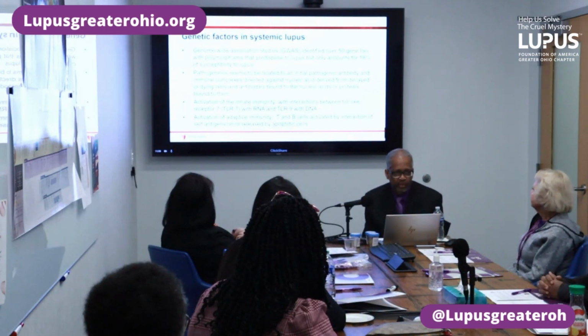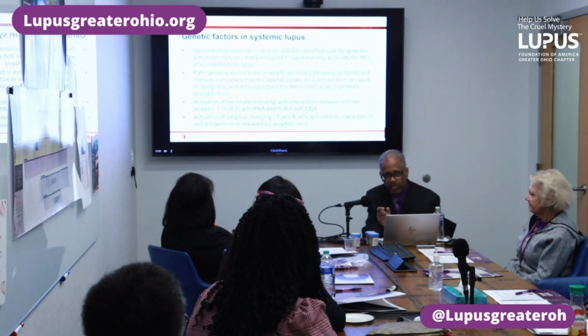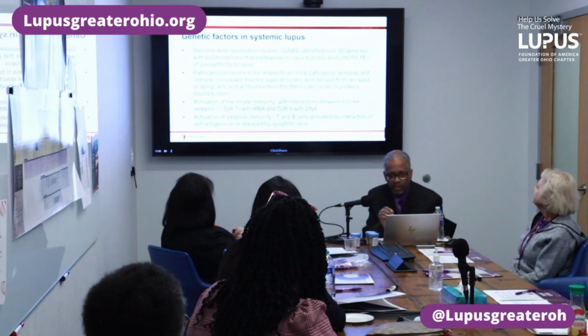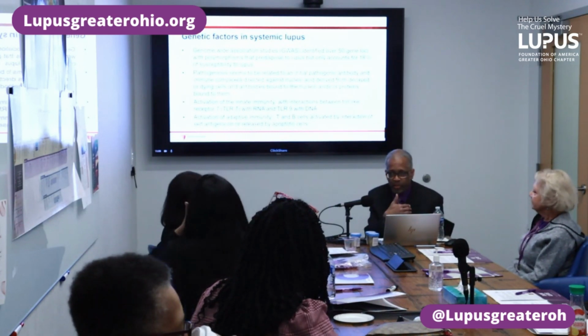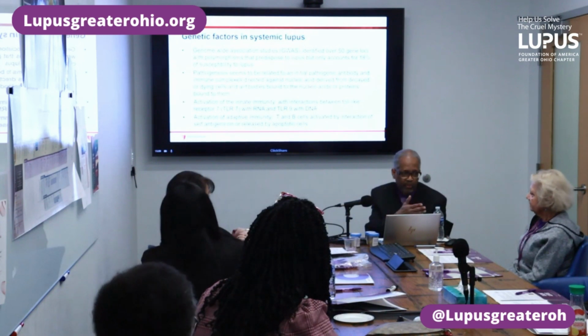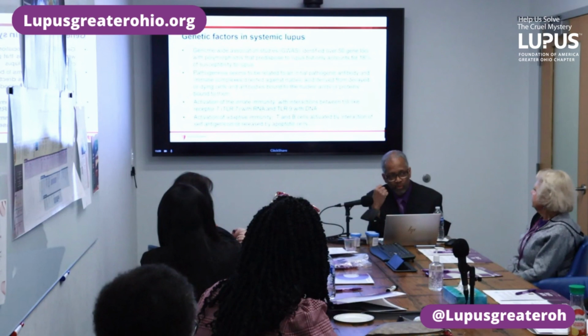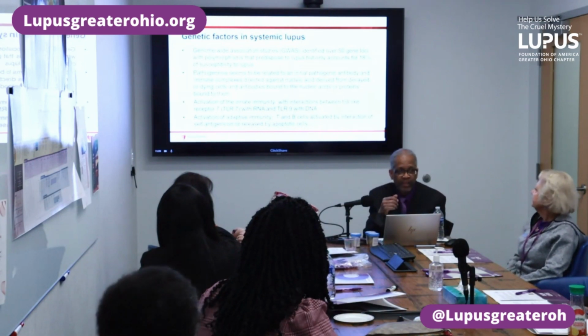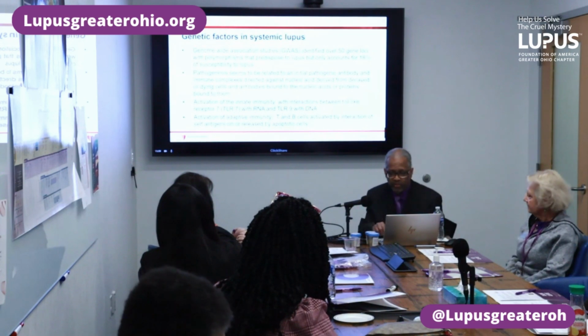So your body may have been exposed to RNA type viruses, or DNA type viruses, or other bacteria that resemble parts of your own body. Your body thinks it's fighting off whatever bacteria or virus, but it's so similar to your own body that it also starts to attack you too. And we think that may be one of the environmental factors that may be related to this.